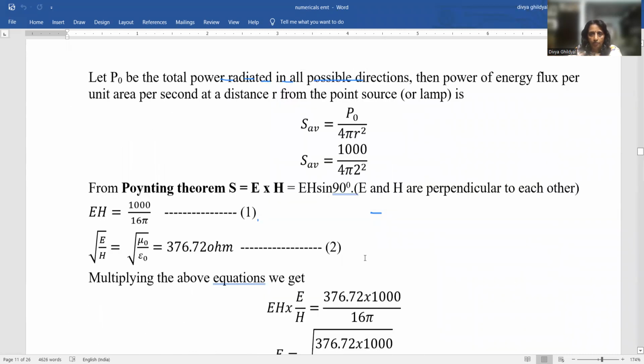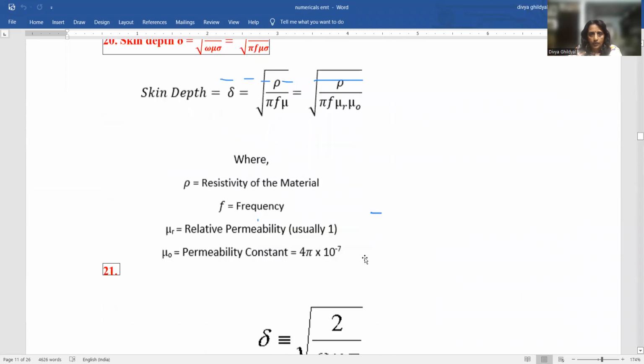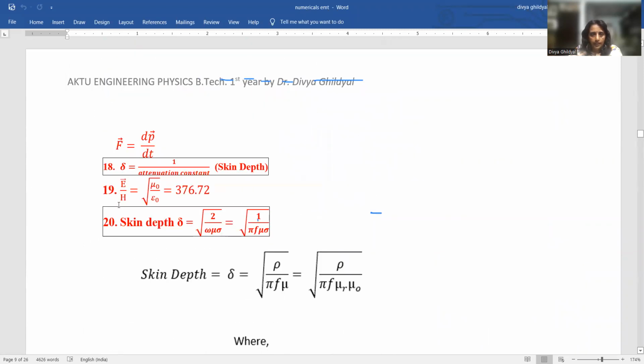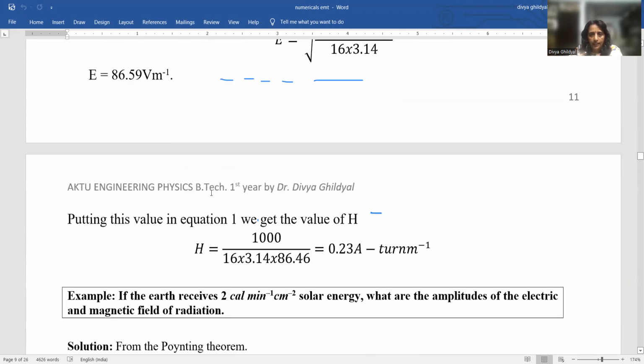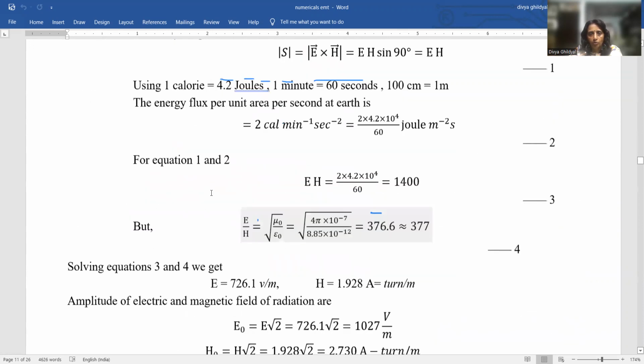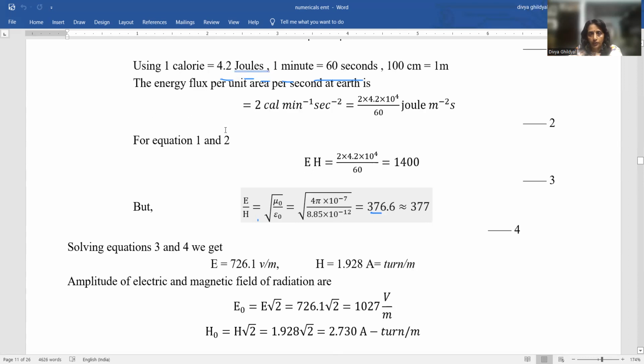Check out, see in the formula list above, I told you this expression, E upon H is under root mu naught upon epsilon naught, which is 376.72 or approximately 377. This you will require in almost all numericals of Poynting theorem.